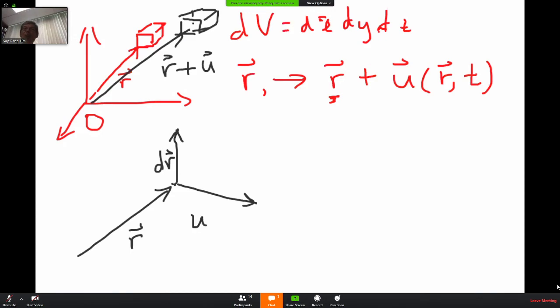So at the point R, you distort it to this point over here. Then the neighboring point at R plus dr might be distorted to this point.